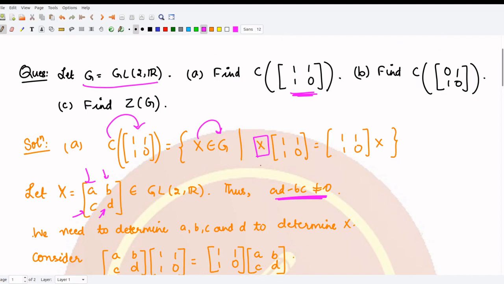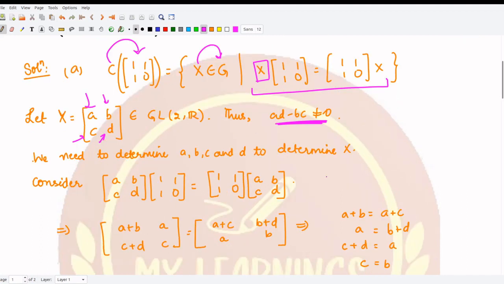Now we put X in this equation and find the values of A, B, C and D. Once we know them, we are able to calculate our X, correct. And this is what is required for this particular part.